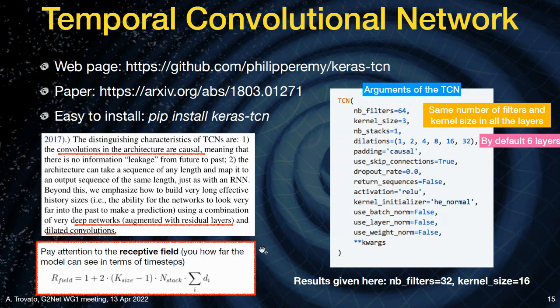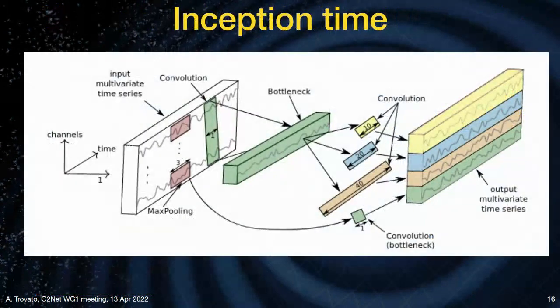You can find all the details in the paper. For the result, we have 32 filters and a kernel size of 16. I tried a few combinations, and this seems to be the best one, paying attention that the receptive field was more or less the size of the time series.